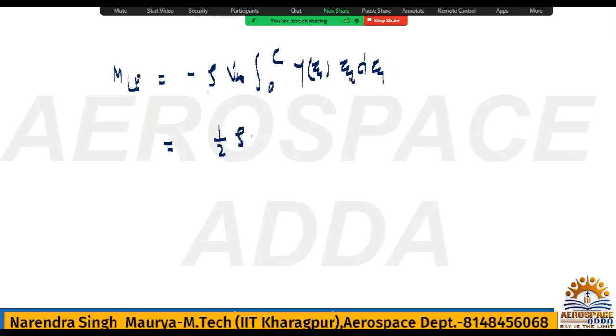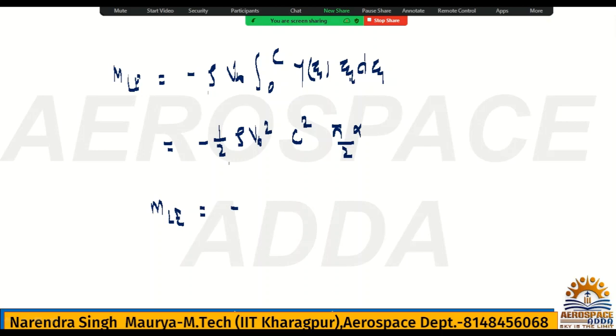this is nothing but v infinity square, and the minus sign is already there, c square, pi alpha by 2, this will be the complete value. So this is the moment about the leading edge.